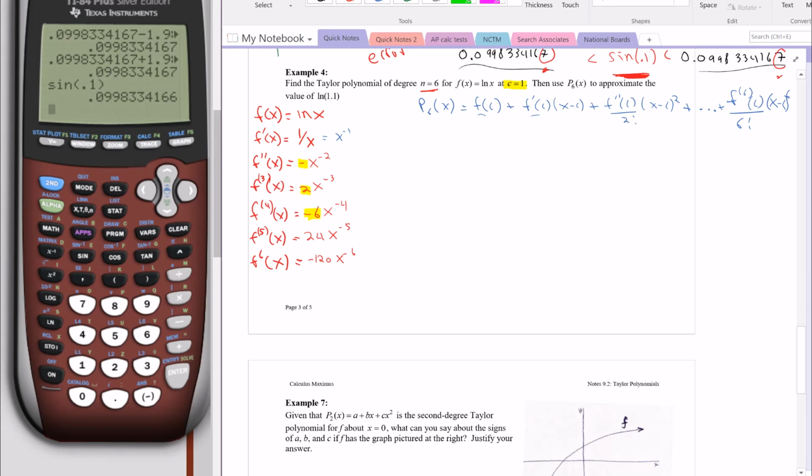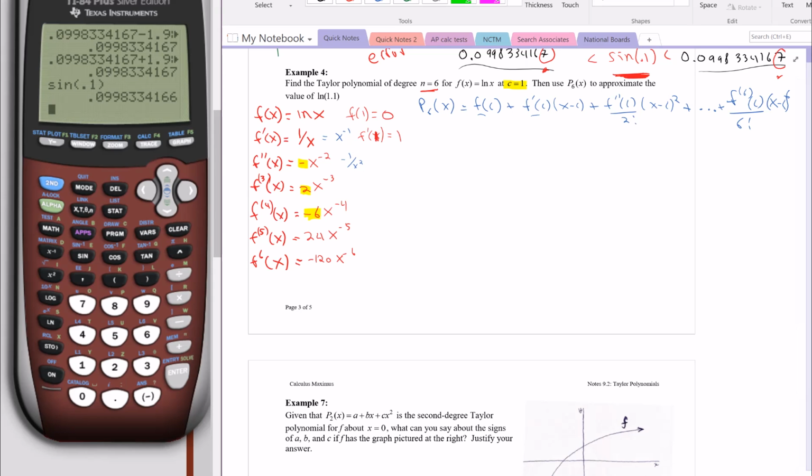So over here, we need to know, well, what is f of 1? f of 1 is natural log of 1, which is 0. f prime of 1 is 1 over 1, which is 1. Maybe it's easier to rewrite this as negative 1 over x squared, or you can just know that 1 to any power is 1, right?